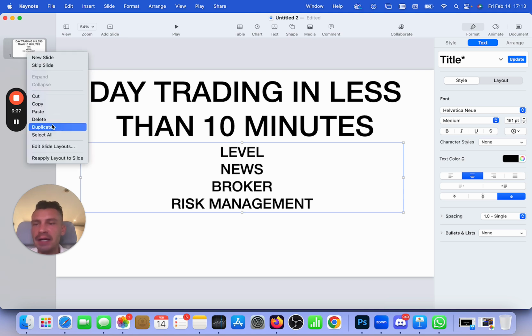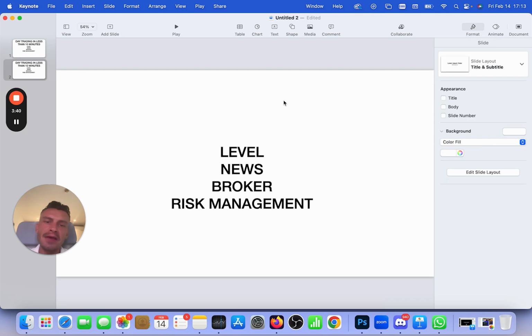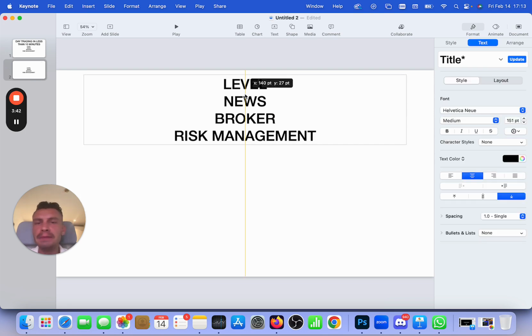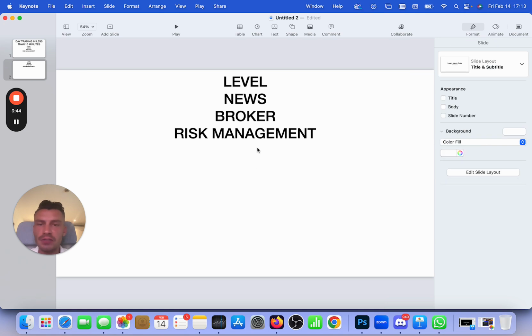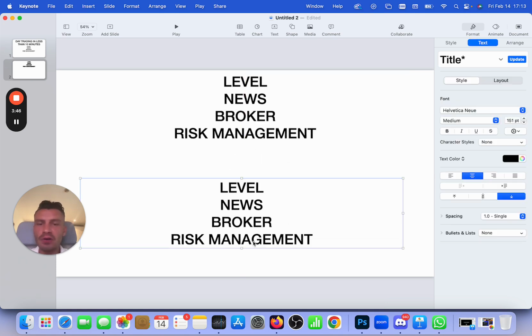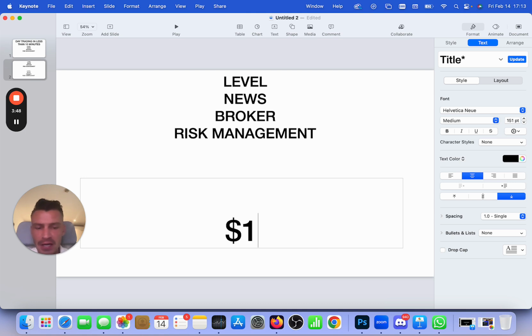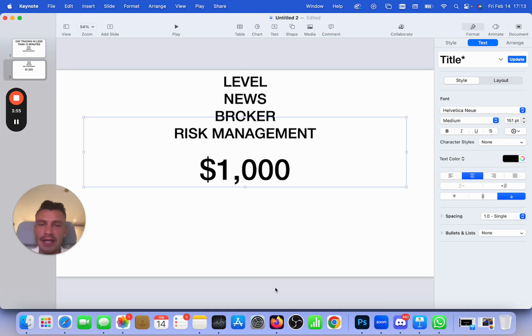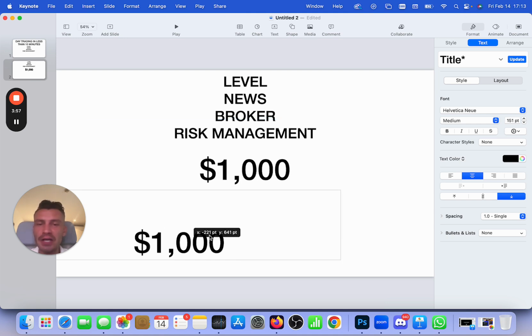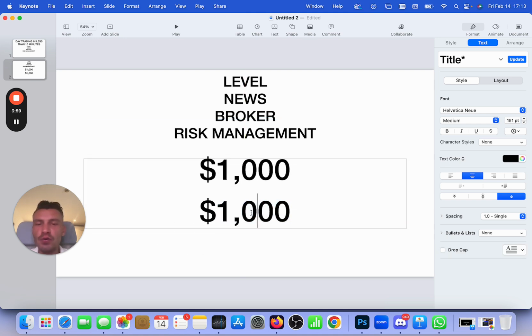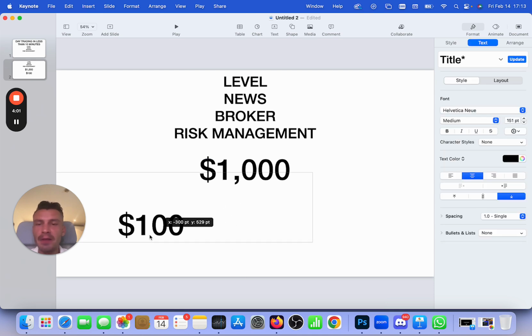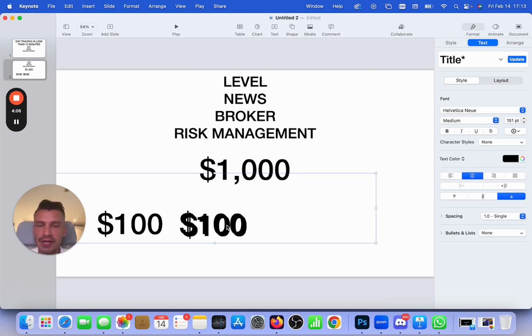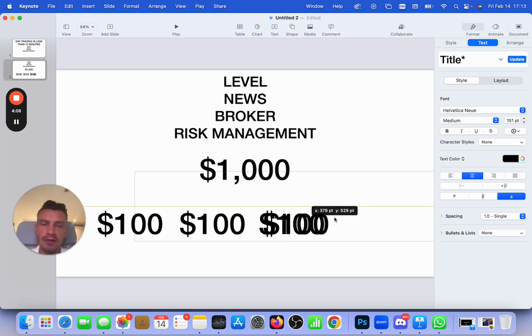Let's say you have $1,000 and you want to use it for a couple of trades. What you do is you don't put $1,000 in one trade and lose it all. No, you take 10% of it. You take $100 here, $100 there, $100 there, $100 there.